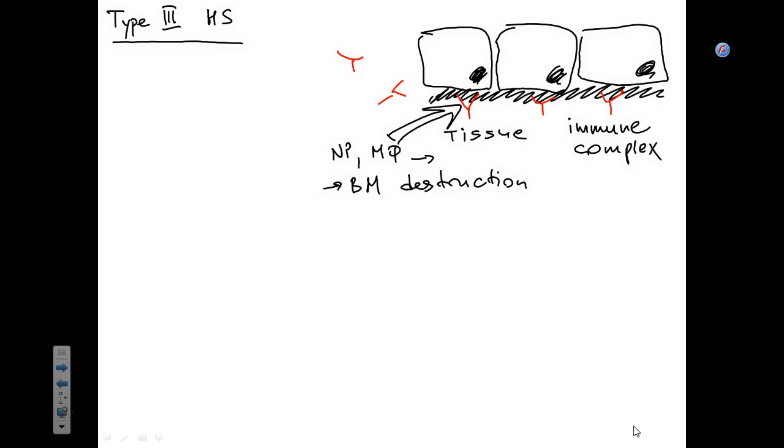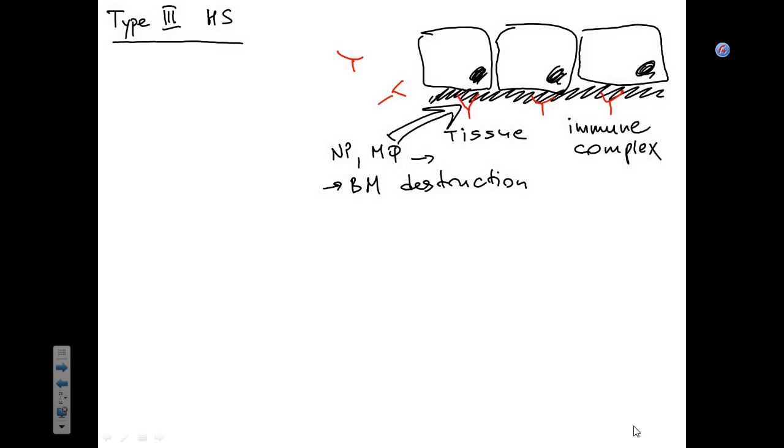Does that make sense? Now, if you destroy basement membrane, what's going to happen to the epithelium? The cells will just kind of fall off, separate. The integrity of the epithelial tissue will be disrupted. Okay. Now, what does that mean?